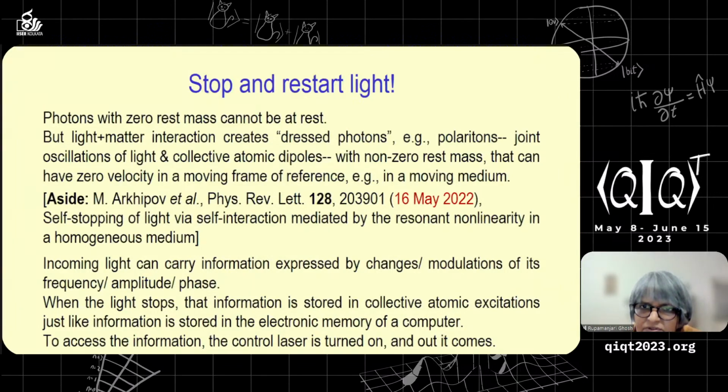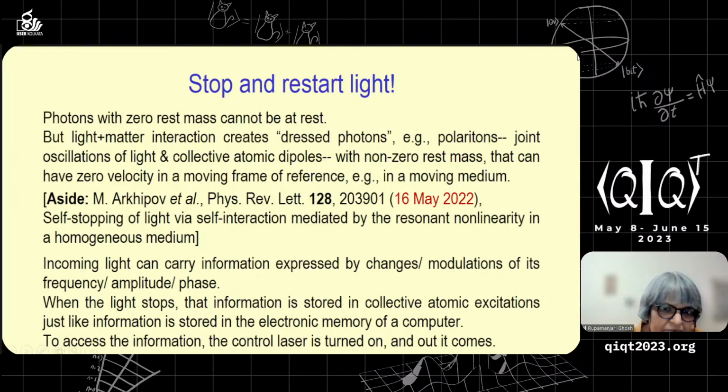Here is a summary of the physics concept of what I'm talking about. Can we actually stop and restart light? Not just slow light, but stop it, so that you can store information with whatever has come into the light. The basic physics is that photons with zero rest mass cannot, of course, be stopped.